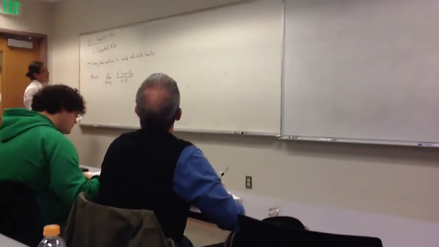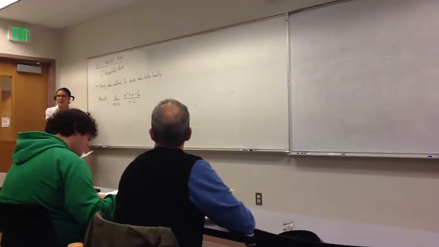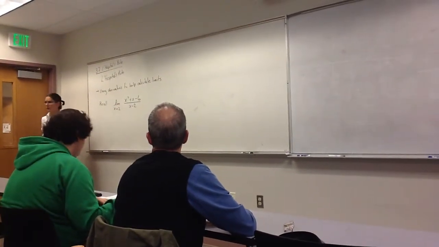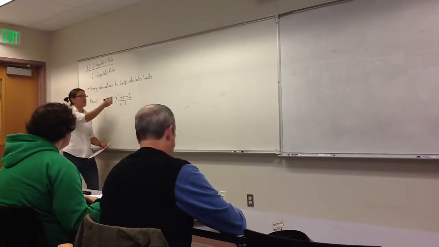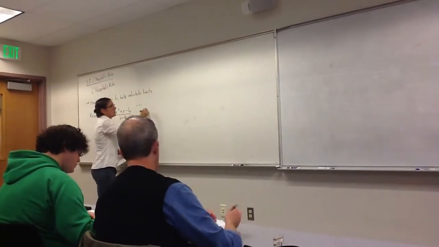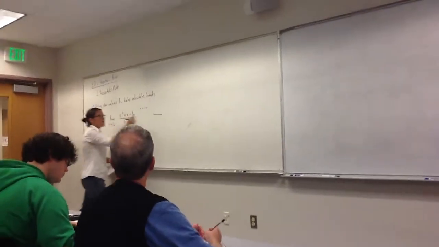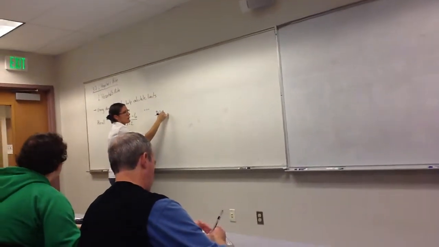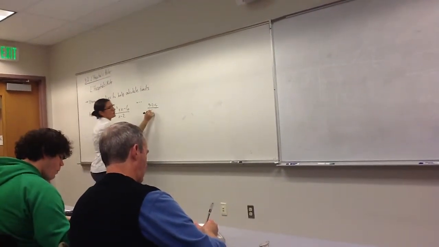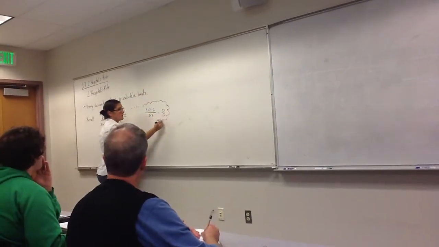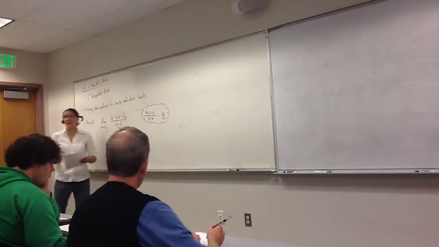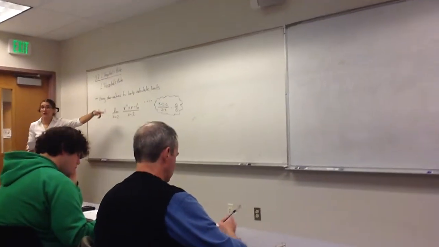If we wanted to calculate this limit algebraically, the very first thing we might do is check what happens if we plug 2 into our expression. In the numerator, I've got 4 plus 2 minus 6, and in the denominator, I end up with 2 minus 2. So if I plug in my limiting x value right away, I get 0 over 0.